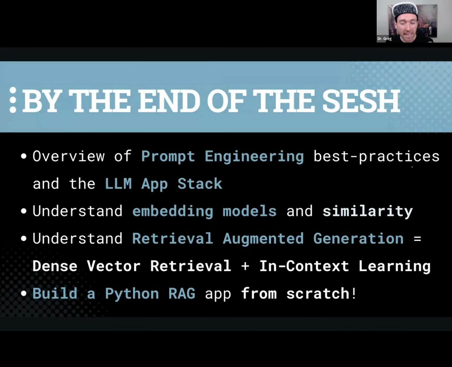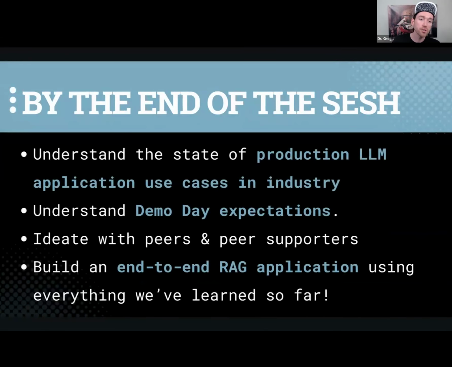All right, so by the end of today's session, what we really want to do is understand the state of production LLM application use cases. What's happening and how can we simplify our lives around this? Hopefully, AI Makerspace is here to help.